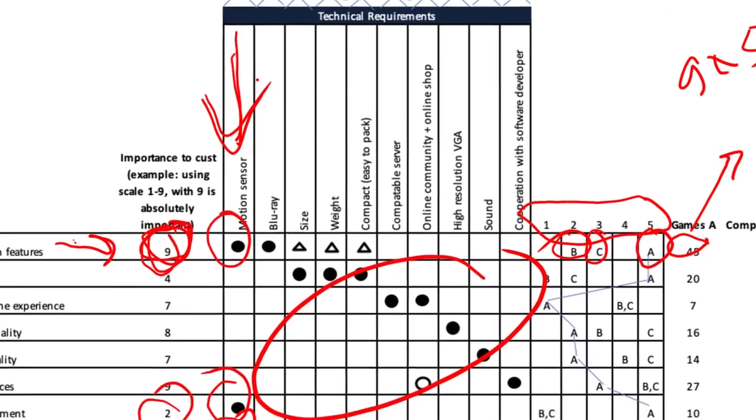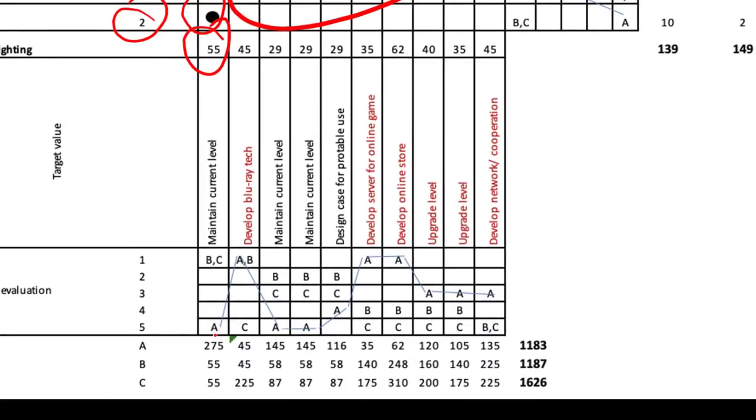Product A yields a score of 55 times 5, which is equal to 275, while product B is 55 times 1, and product C is 55 times 1, which is equal to 55.